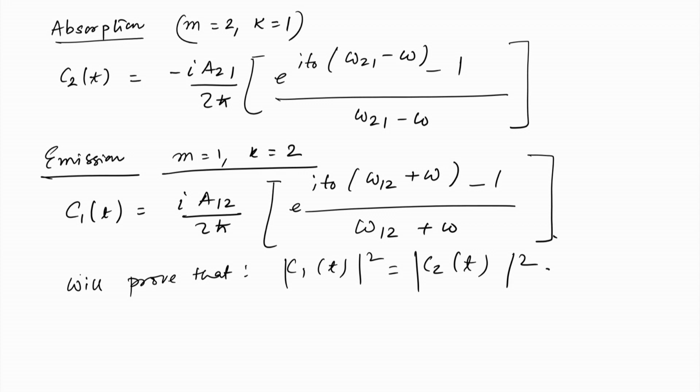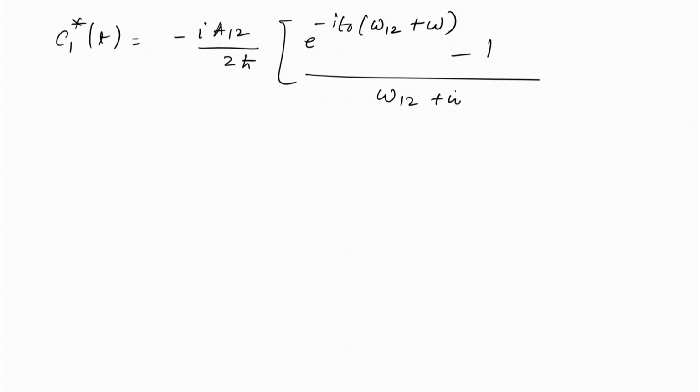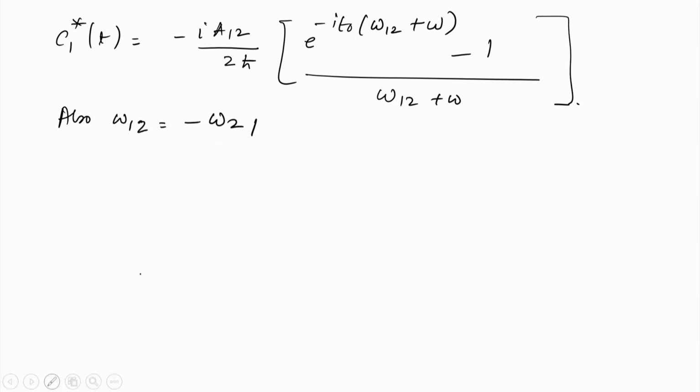So, C 1 star t can be written as minus i A 1 2 by 2 h cross, exponential minus i t naught omega 1 2 plus omega, minus 1, divided by omega 1 2 plus omega, and omega 1 2 equals minus omega 2 1.